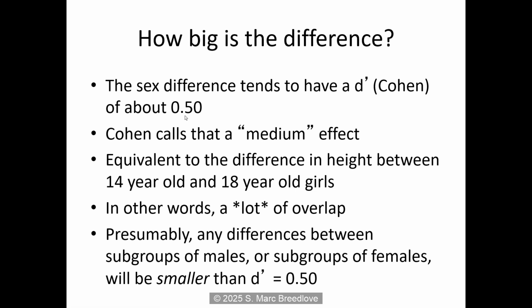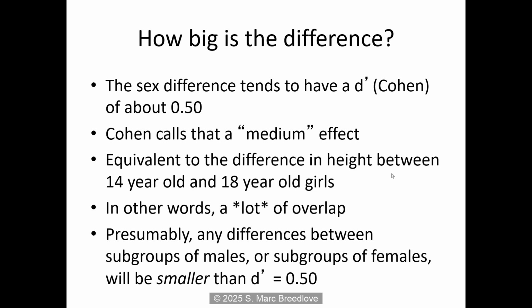Cohen, the guy who proposed this stat, called that a medium effect, and I love the example he gave. It's equivalent to the difference in height between 14-year-old girls and 18-year-old girls. We all know some 14-year-old girls are taller than some 18-year-olds.